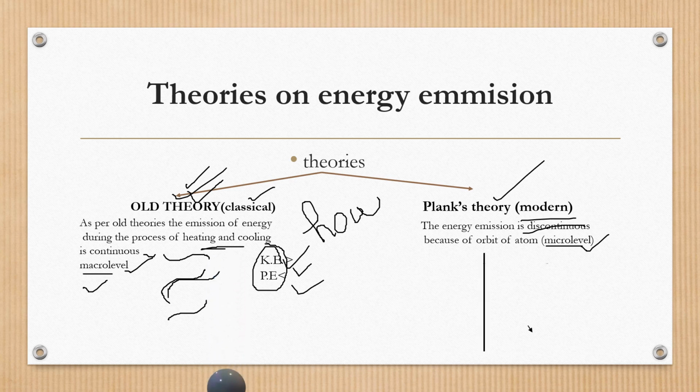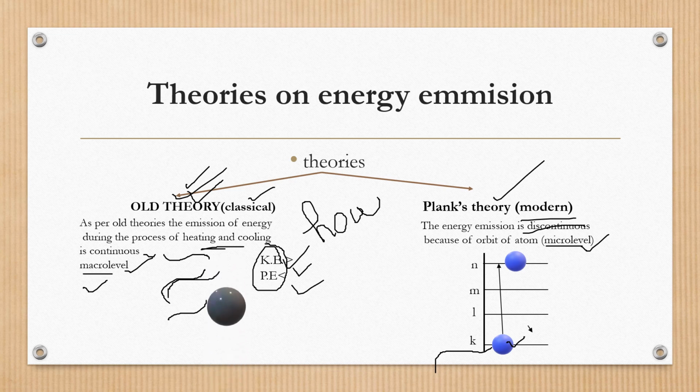Now we know that in an atom there are different shells, orbitals, or circular paths in which electrons move. Those shells are named K, L, M, N, and we know that the electron is at the K shell. Now when we heat this atom, that electron will go up and gets unstable.